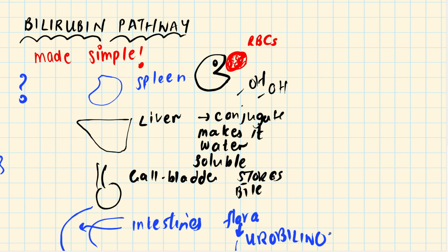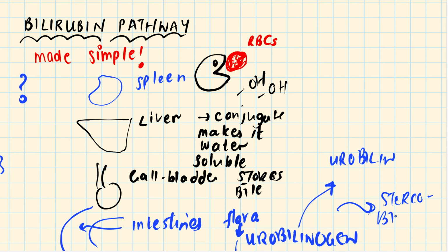The intestinal flora helps convert that bilirubin into urobilinogen, which is necessary for excretion of the bilirubin. So the bacteria help you get the bilirubin into a form that can easily pass out of your body.